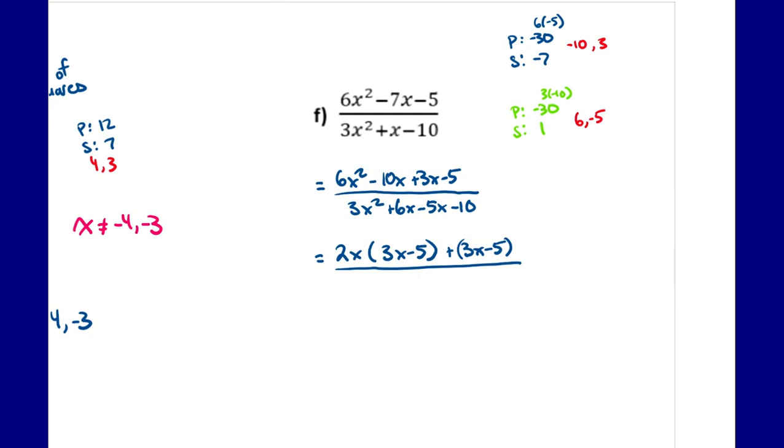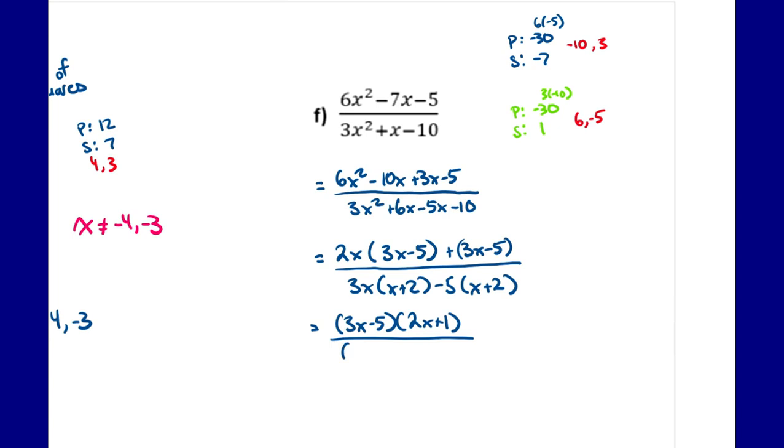In the denominator, common factor the first two terms, I can take out a 3x, get x plus 2. I can take out a negative 5 because my goal is to get the same bracket, x plus 2, which I do. Now, on the top, common factor, I can take out the bracket 3x minus 5, and the remainder is 2x plus 1.